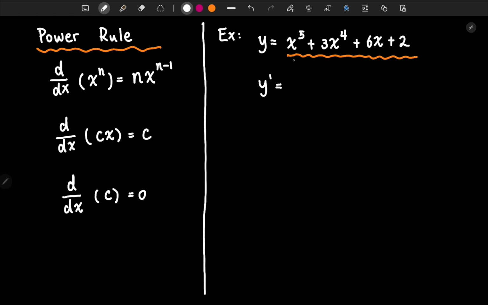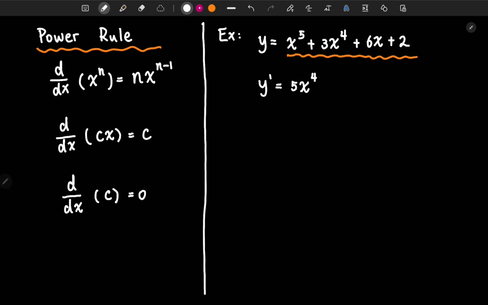For the first term, x to the fifth power, based on the power rule, we need to bring the 5 down in front of x as a coefficient. For the power term, we need to minus 1, or reduce the power by 1. So we have 5x to the fourth power.